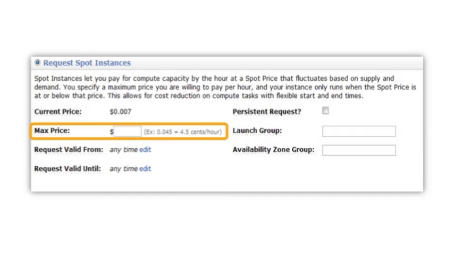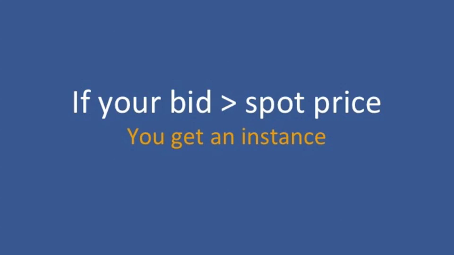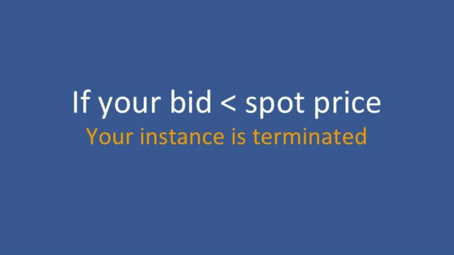So on spot markets, you bid a price. Okay, so you're going to bid a price that you're willing to pay for this resource. So let's say you bid 8 cents in this example, where the current price on the market is 7 cents. You will receive resources. So if your bid is greater than the spot price, you get an instance. Now the thing you need to be aware of is that if your bid falls below the spot price, your instance is terminated.